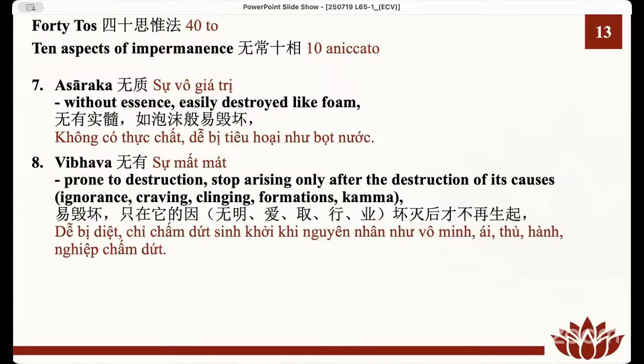Here I should elaborate a few more things about the tree. In the tree, we have a layer, the top bark. After removing that, we have softwood. After removing softwood, we can get hardwood. Here asaraka means no hardwood. Sara can also mean hardwood. Like only softwood or like bark, very easy to smash, very easy to destroy. That's what they are called asaraka.